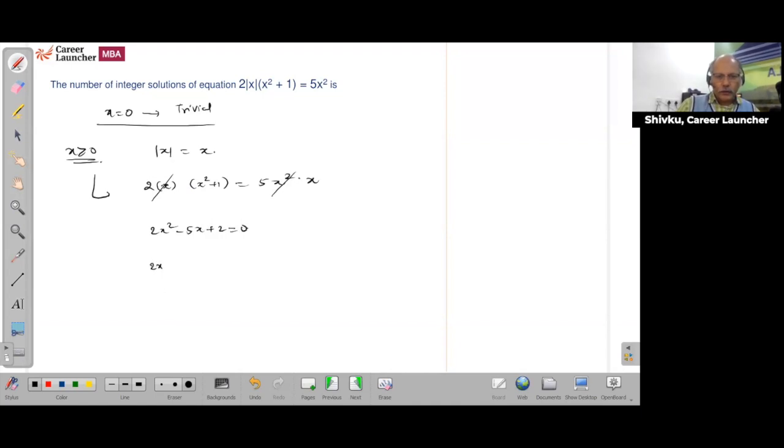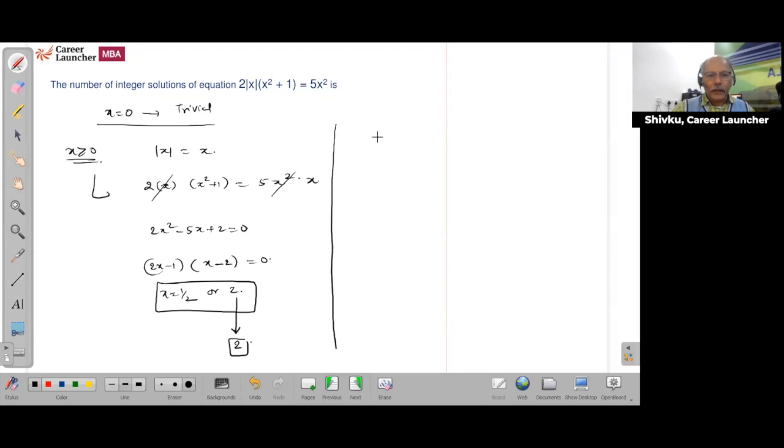Or I'll get (2x minus 1) into (x minus 2) is equal to 0, from which the value of x is equal to 1 by 2 or x is equal to 2. So for x greater than 0, there is one integer solution, that is 2.